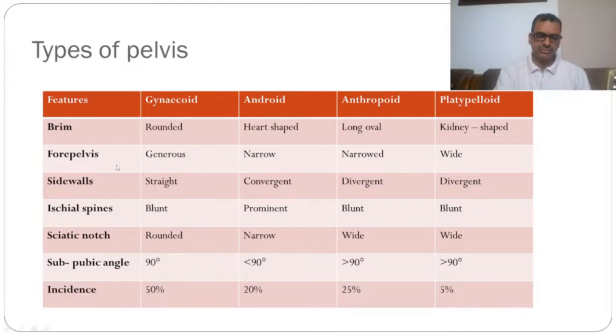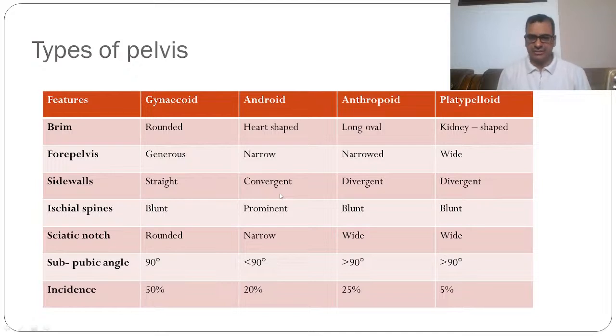For the pelvis, just before starting the pelvis, the initial part in gynecoid is generous, meaning good space. Here it will be narrow, narrow, and it will be wide. Side walls in gynecoid are straight, while in android they are convergent, and in anthropoid divergent.